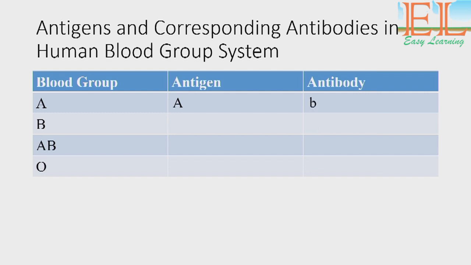Like we said, they are opposite. People with blood group B have antigen B and antibody A, but those with AB have antigens A and B, but none of the antibodies. Whilst O lacks antigen A and antigen B, but has both antibodies A and antibodies B.